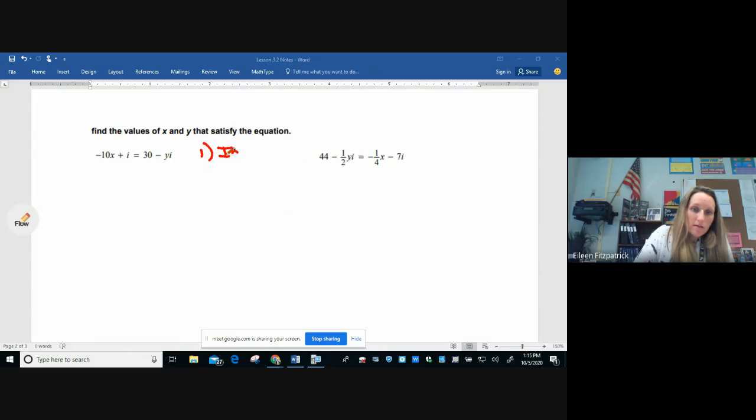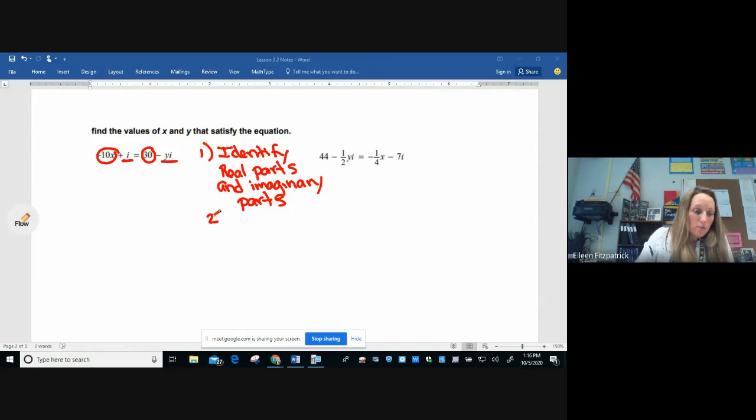So when I say identify, maybe we'll just underline. Anything that has an i is an imaginary. Anything that doesn't have an i is going to be your real. So I'll circle my real, I'll underline my imaginary.